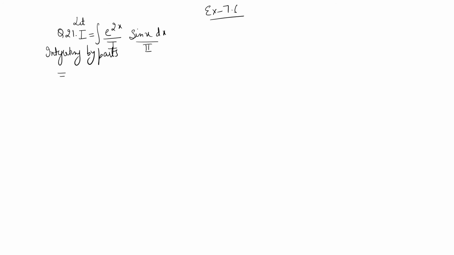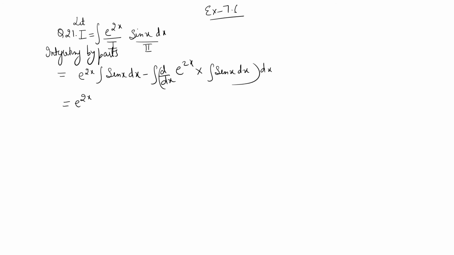So it is first function into integral of second, minus integral of differential of first into integral of second, and then this whole thing is to be integrated again. So it is e raised to power 2x. What is the integral of sin x? It is minus cos x.